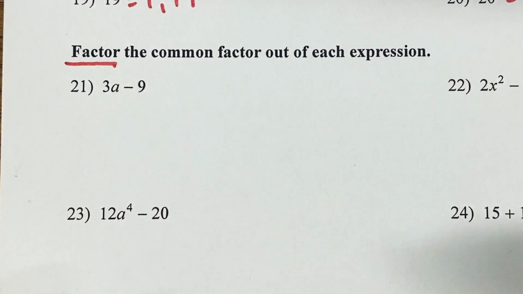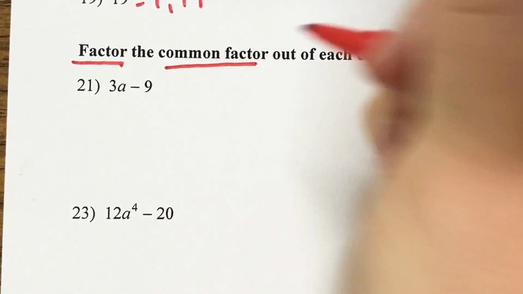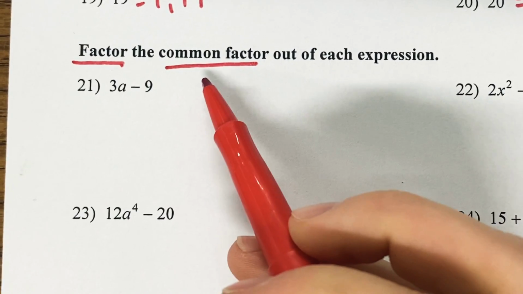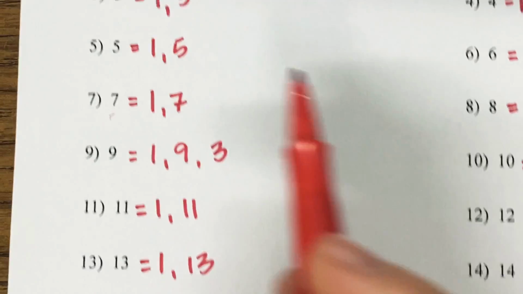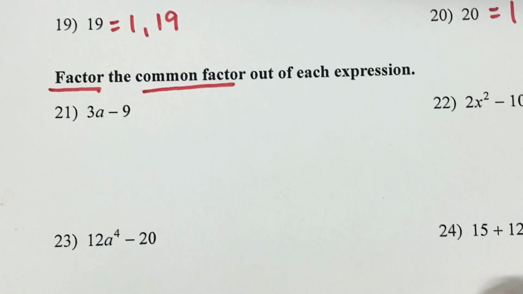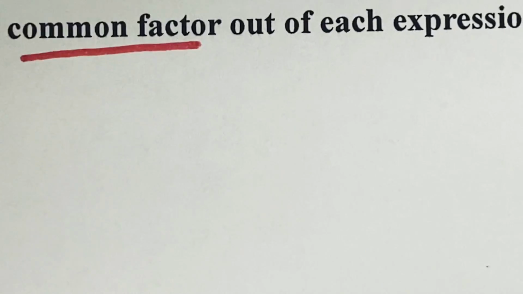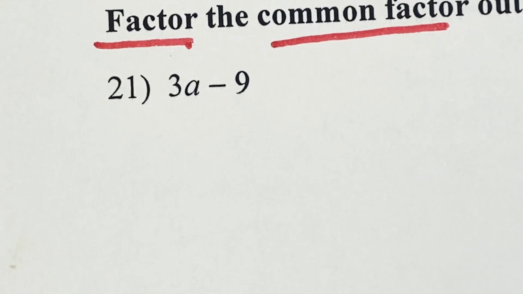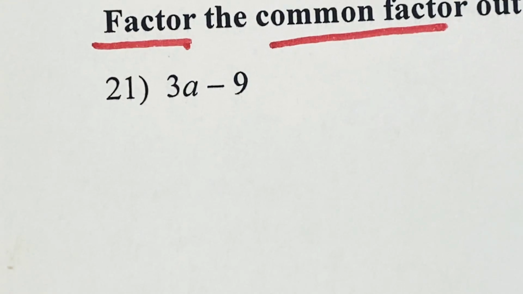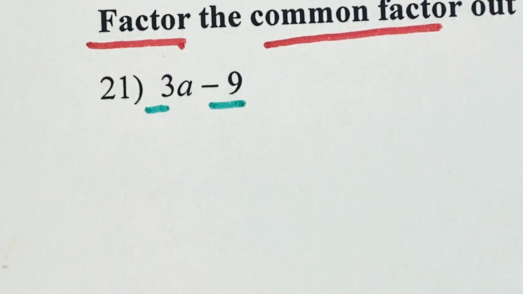Okay, so common factor means that they have numbers that are on both of their lists. So let's take a look at number 21. Let's look at the coefficients first. 3 and 9.